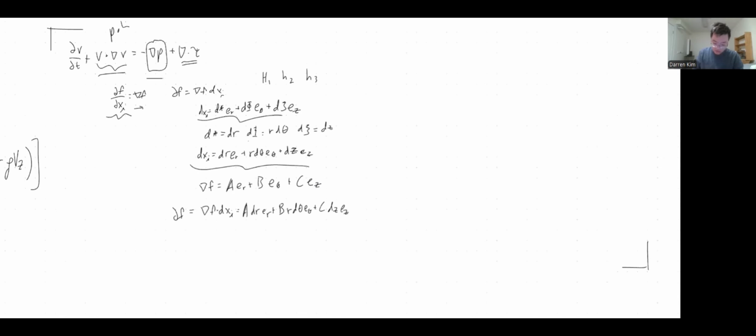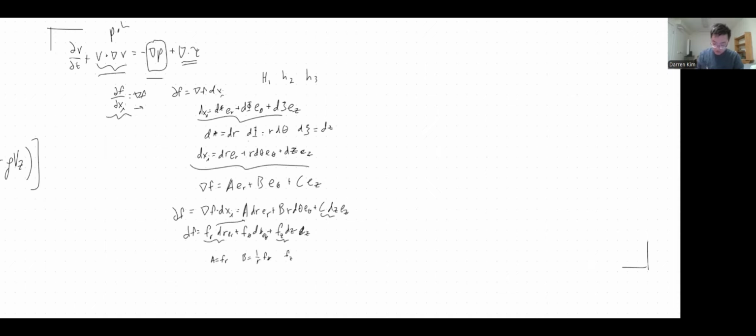I think that's right. And another thing we have to write here is delta F is equal to FR dr plus F data d data plus FZ dz, and then EZ over here. Sorry about that. And we match it. So A equals FR, B equals 1 divided by R F data, and FZ equals C.